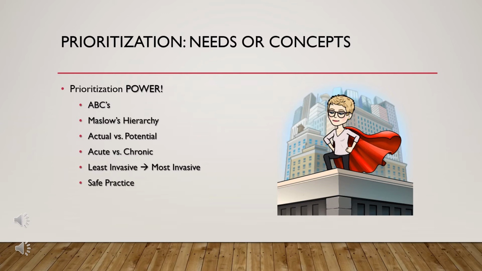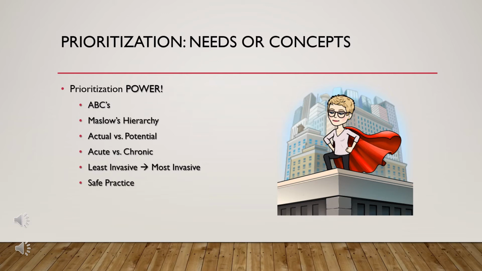Now, although 32 breaths per minute is abnormal, this is actually a good thing since they are in a metabolic acidotic state and their elevated respiratory rate is an attempt to compensate. So, although airway and breathing seem to take a higher priority, circulation, or the elevated blood glucose level, is actually the priority in this example.